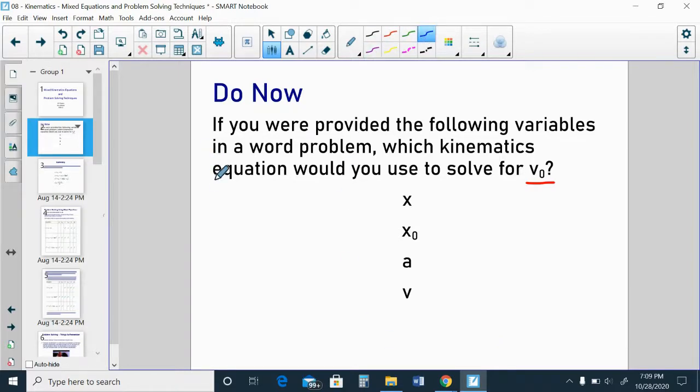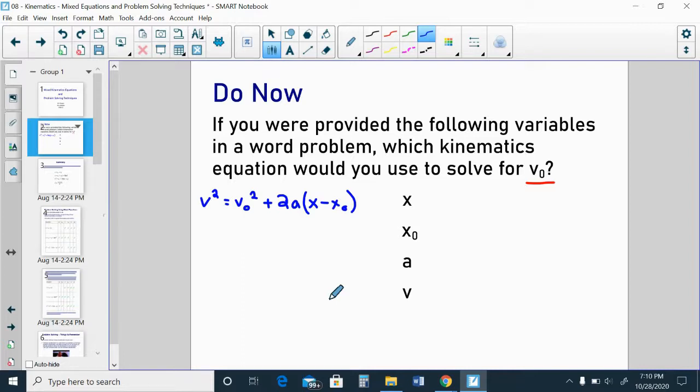Hopefully you chose what we've been calling the third kinematics equation, which is also known as the velocity position equation. That one is final velocity squared equals initial velocity squared plus 2 times acceleration times final position minus initial position.